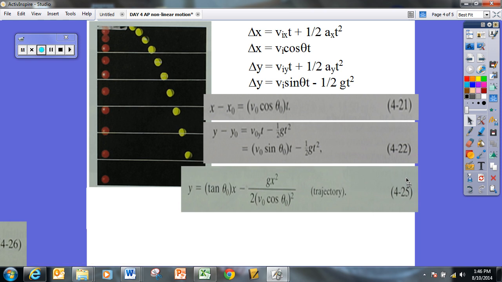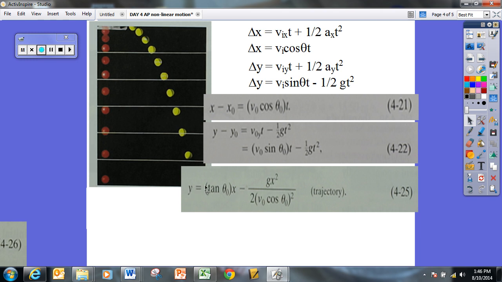But the book also throws in this equation, which is okay, but it's most unnecessary that you memorize that. What they have done is gotten y as a function of x, and so you get the trajectory as it moves through space with y plotted against x instead of against t.